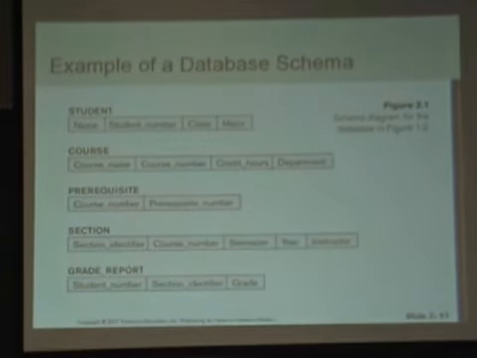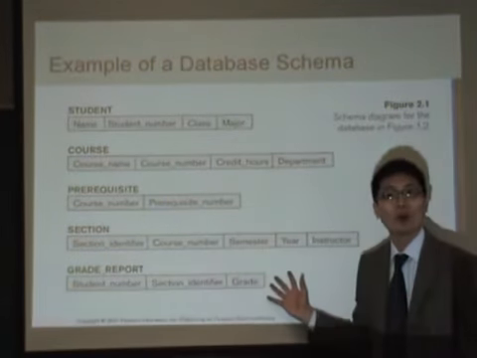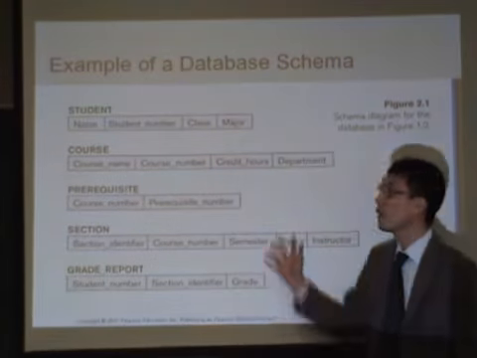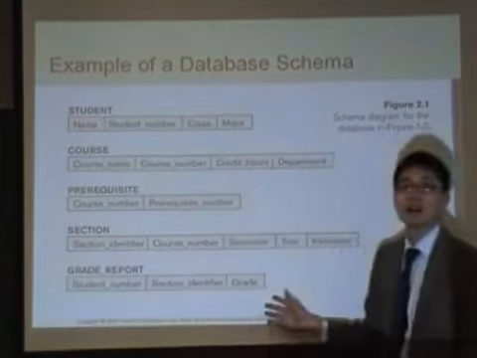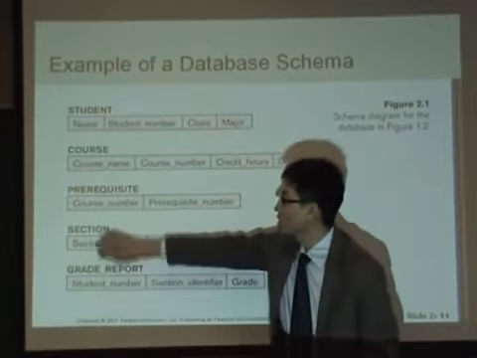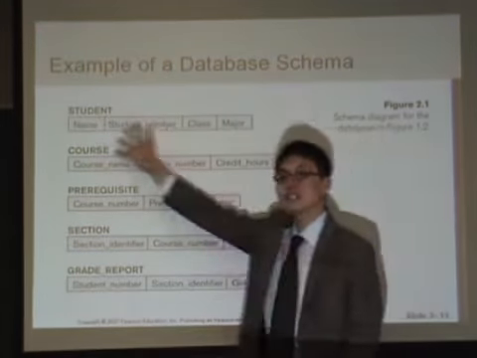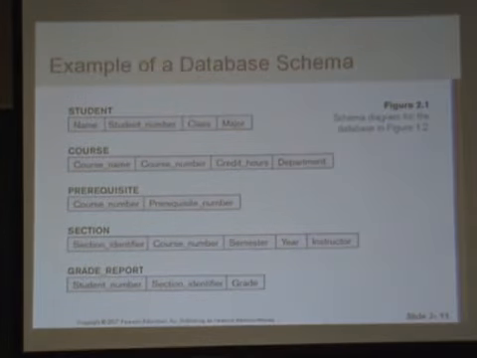We don't know how to do that yet, but this is our goal of database design, the database data model. The output of such a data model is the database schema. It has student, course, prerequisite, section, and grade report. Because they are describing the database, these are the database schema.